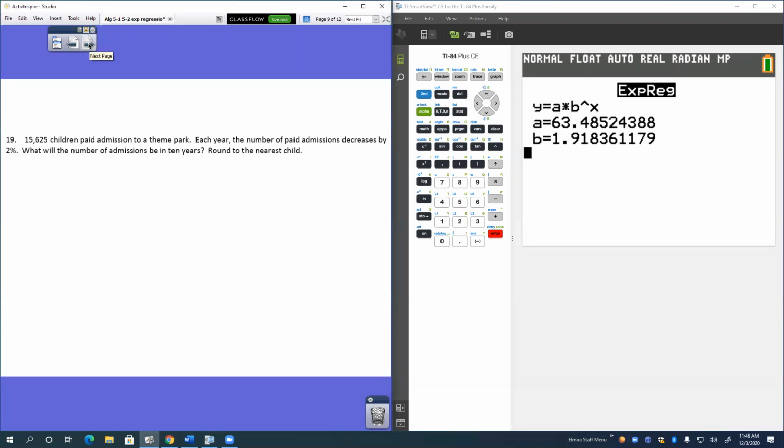Take a look at number 19. In number 19, 15,625 children paid admission to a theme park. Each year, the number of paid admissions decreases. So again, notice that this is decay because it's decreasing by 2%. What will the number of admissions be in 10 years? So the first thing that you need to do is figure out your equation, and you need to figure out your growth, your rate, and your factor.